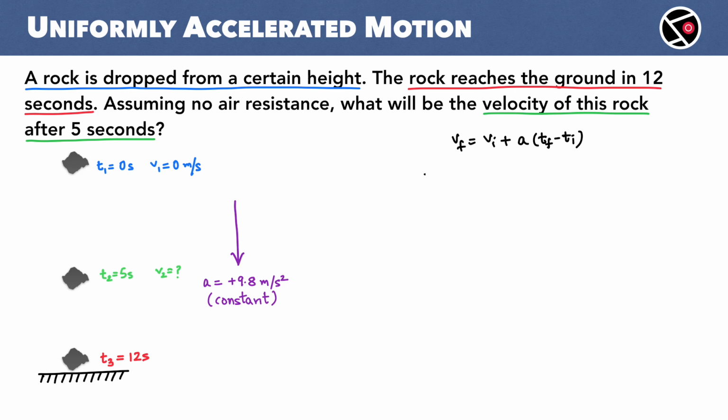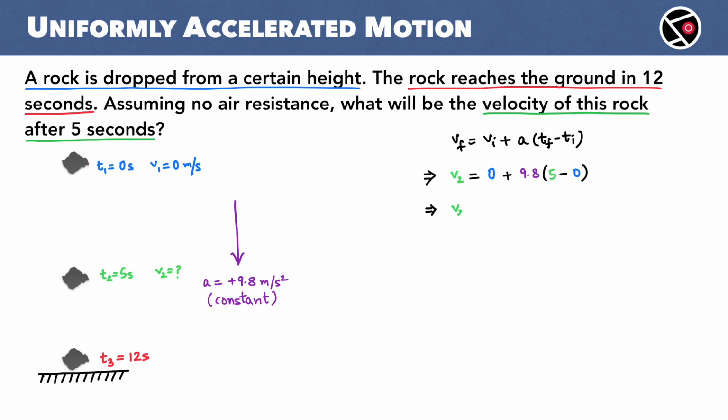Vf, or the final velocity, is v2. Vi, initial velocity, is 0. Acceleration is 9.8 meters per second square. Final time is 5 seconds. Initial time is 0.